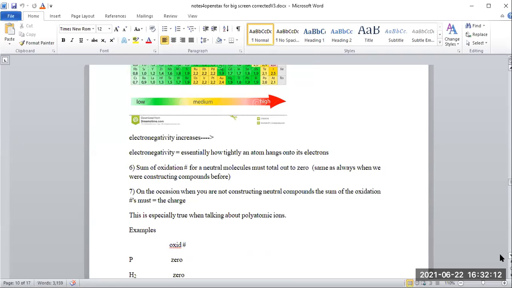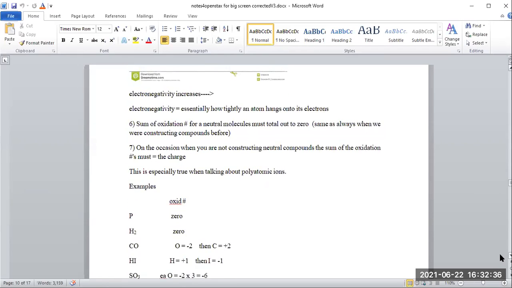Specifically, this usually applies to polyatomics, which is the last rule. If you are making a compound that's actually not totally neutral, then all of your oxidation numbers must add up to the charge. So let me give you some examples.